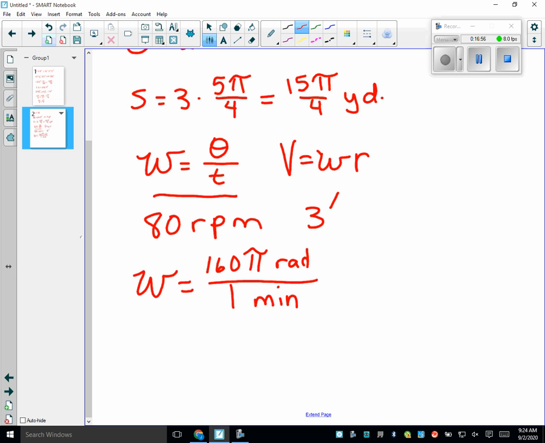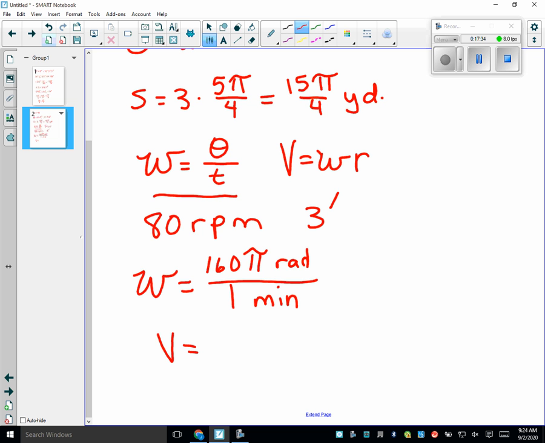Now, what is the linear velocity? Is linear velocity omega times the radius? Yes. What's omega? 160. What's the radius?